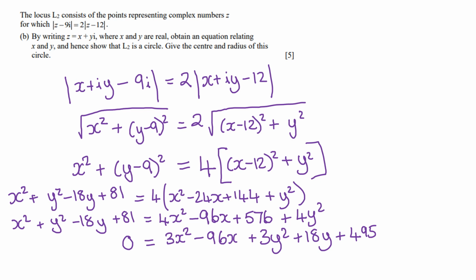Let's divide by 3. It's equal to 0, so let's divide everything by 3. So 0 divided by 3 is 0. So we've got x squared minus 32x, that divides by 3. Plus y squared, divide by 3, plus 6y, and divide by 3. Calculator check. Yeah, 165.